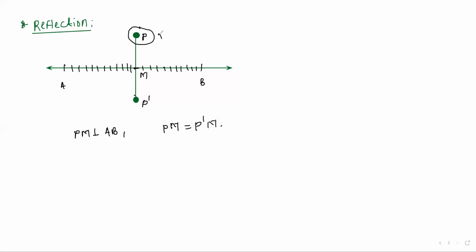So P dash is the image of P on the line AB.